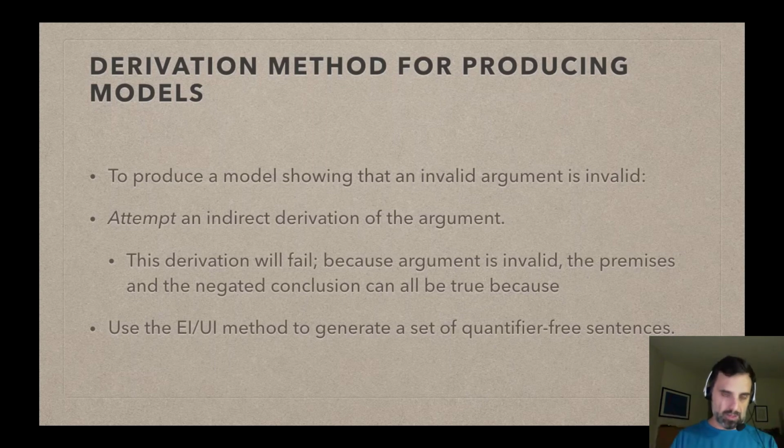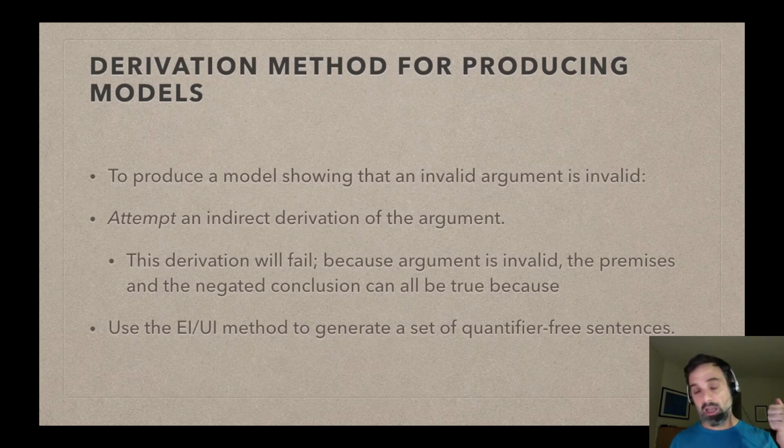We start with this indirect setup, and we use the EI-UI method to generate a set of quantifier-free sentences. So we have to be sure to instantiate all of our existential quantifiers and our universal quantifiers. And maybe we proceed even further. We might have to do some subderivations and so on. But we eventually get to a point where we've instantiated all of our quantifiers in the way that the EI-UI method says.